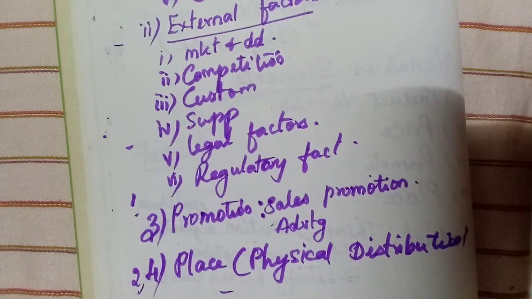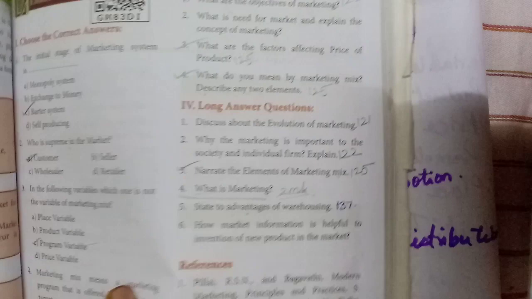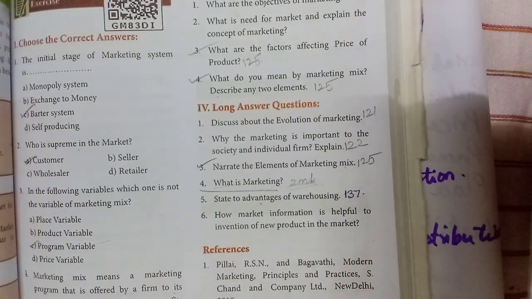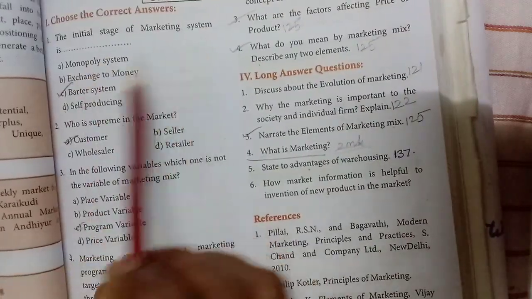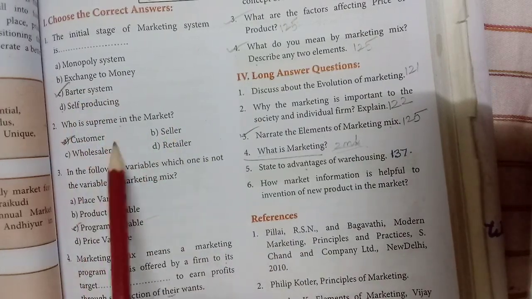we have completed this lesson. So now I will mark and give you the question answers. The initial stage of the marketing system is the barter system. Who is supreme in the market? Customer.